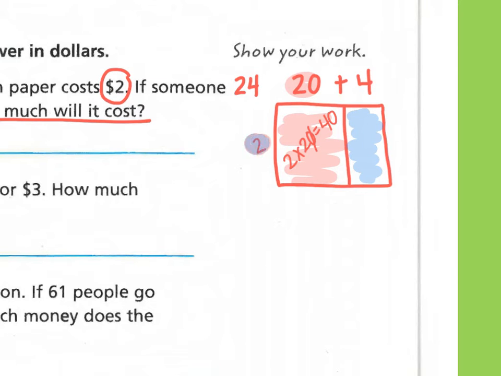I'm going to multiply my 2 by the 4 to get how many unit squares are inside there. So I've got 2 times 4 equals 8. Now I have two partial products here, 40 and 8. And I'm going to need to combine those to get the total product of what 2 times 24 is. So 40 plus 8 equals 48.